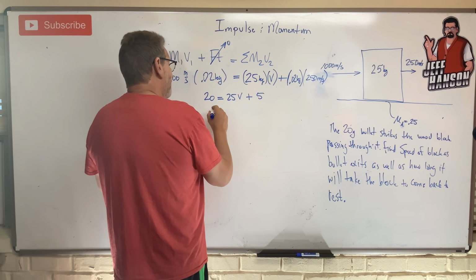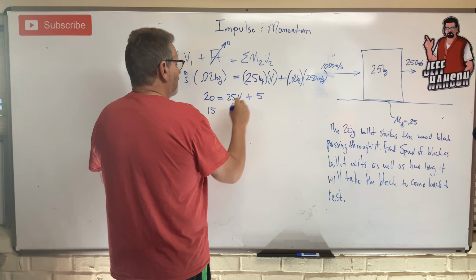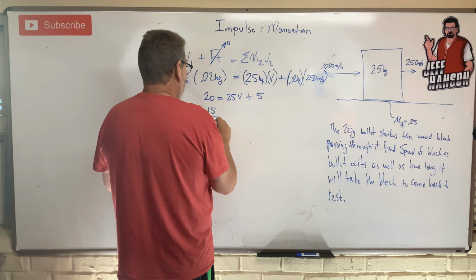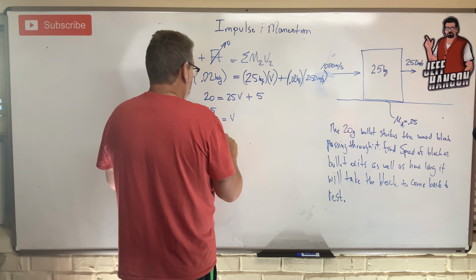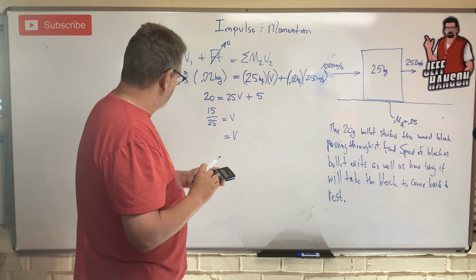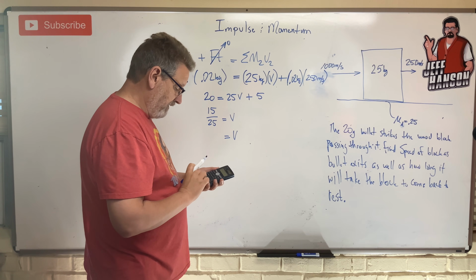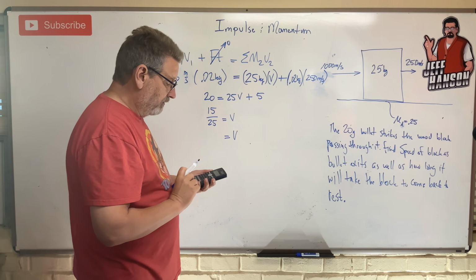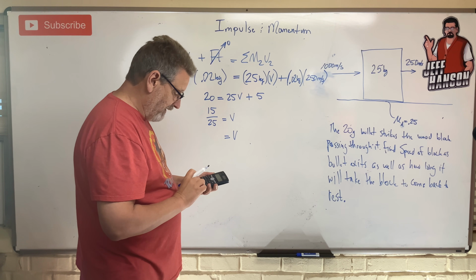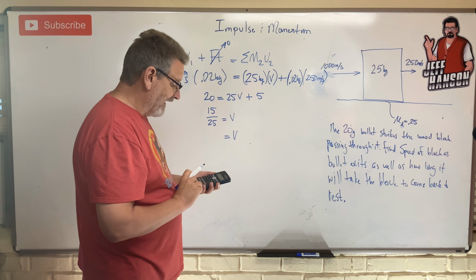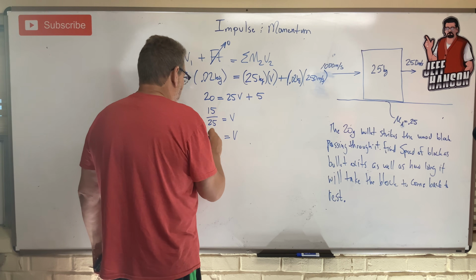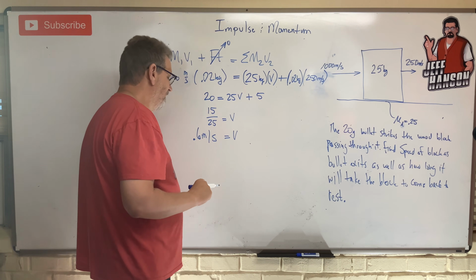Okay, subtract off 5 over there, 15 divided by 25 equals V. V equals, okay, let's see, 15 divided by 25 equals, that is not right. 15 divided by 25, I think I hit times, 0.6 meters per second, okay?